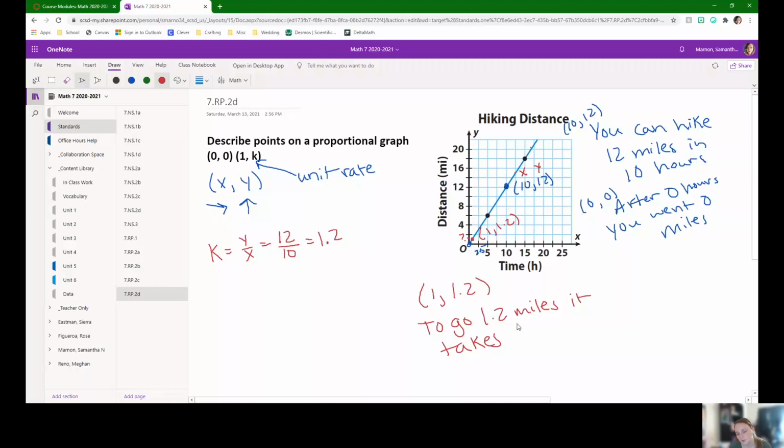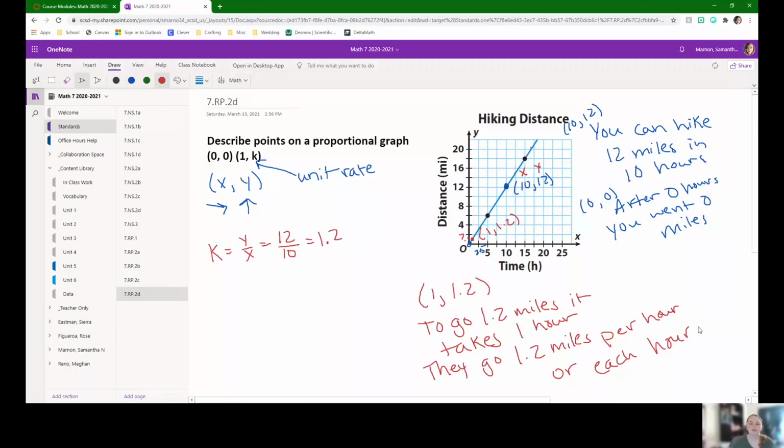But because it's the unit rate, we can even take this a step further. We can say they go 1.2 miles per hour or each hour. Right? There's so many different ways we can say it.